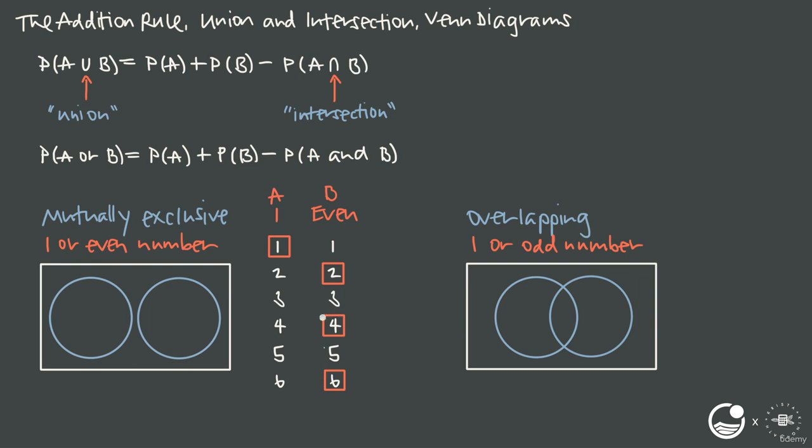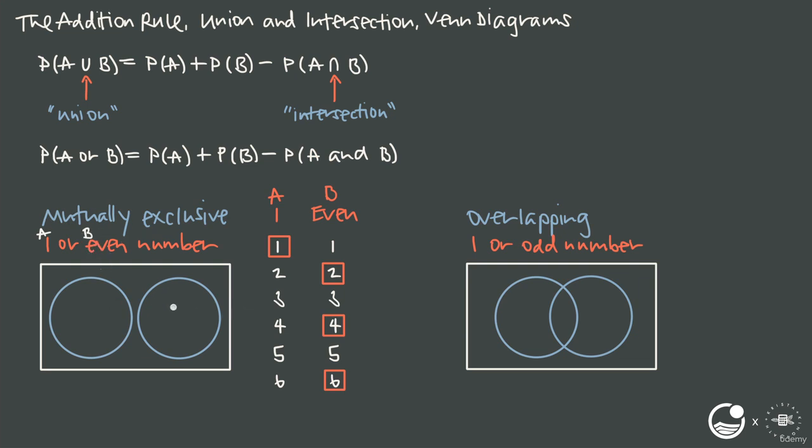But here, there's no overlap between these two sets, and so events A and B are mutually exclusive. And so this example, where we roll a six-sided die one time, and we're looking for the probability that we get either 1 or an even number, those two events, A and B, are mutually exclusive.